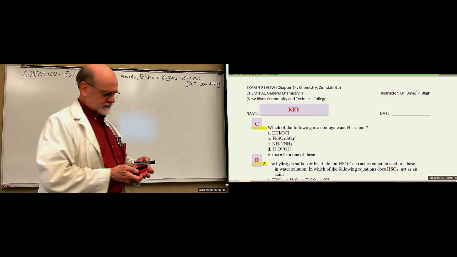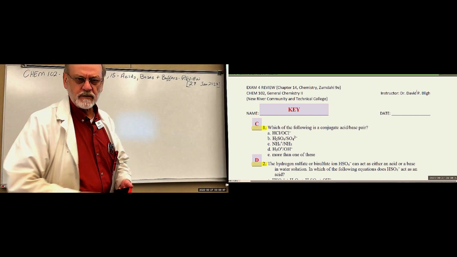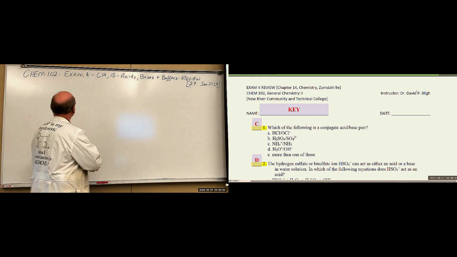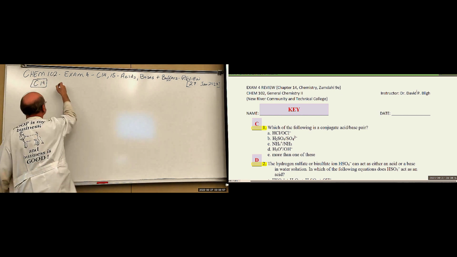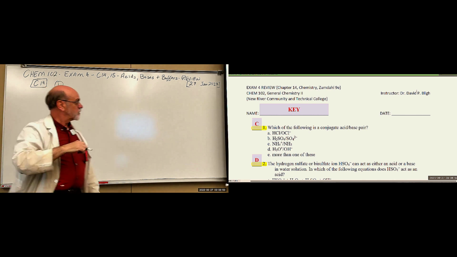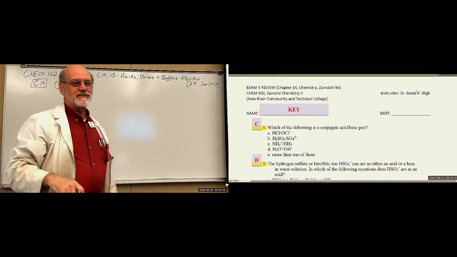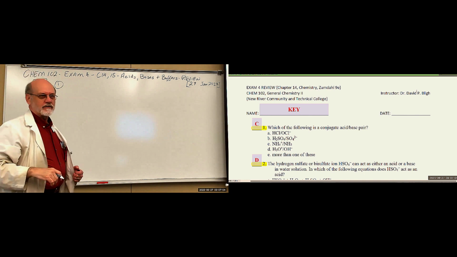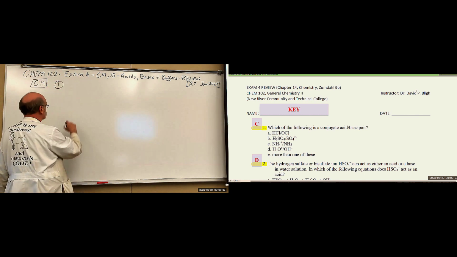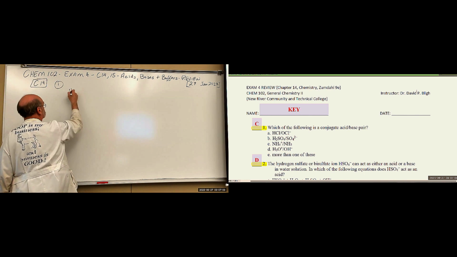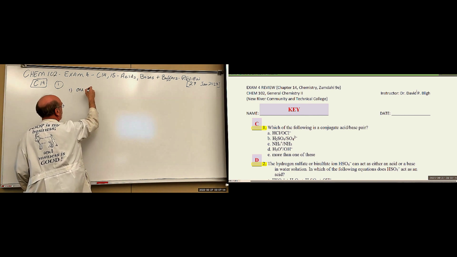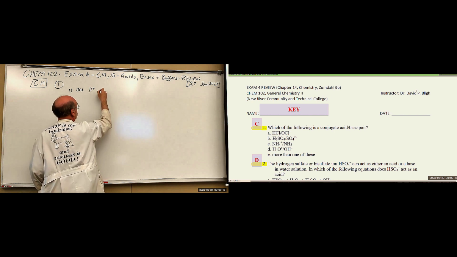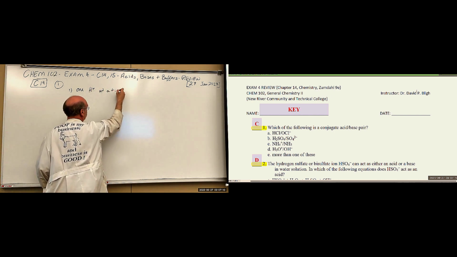Okay, so let's take a look at Chapter 14 first. And number 1. All right, which of the following is a conjugate acid-base pair? Remember what's required for a conjugate acid-base pair? 2 things. 1, one hydrogen ion at a time.